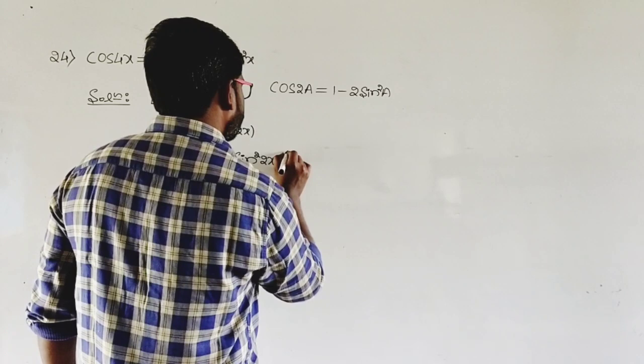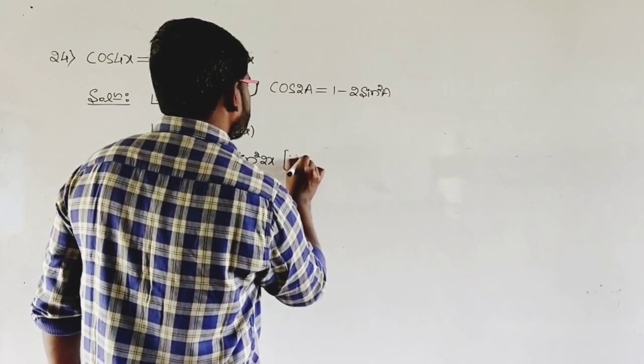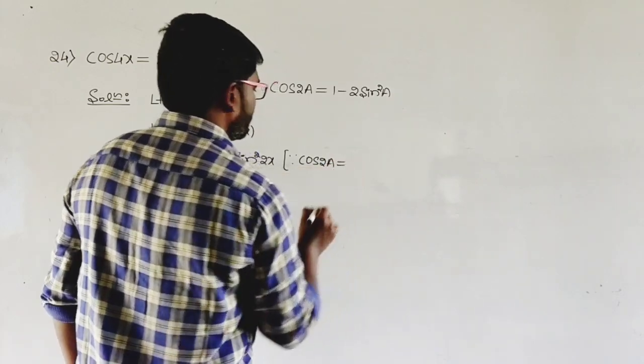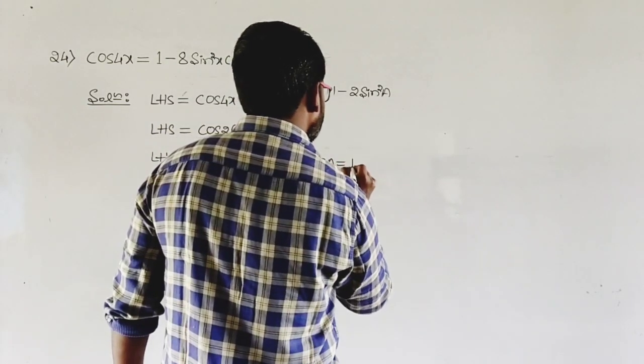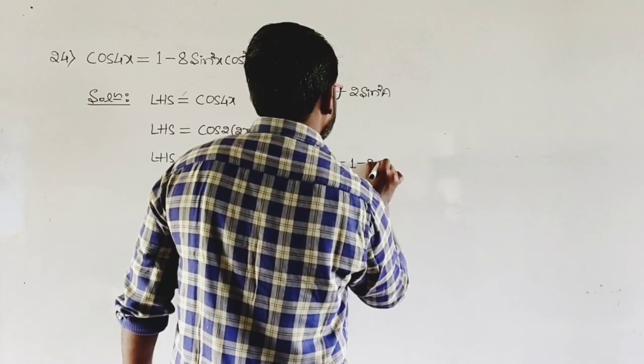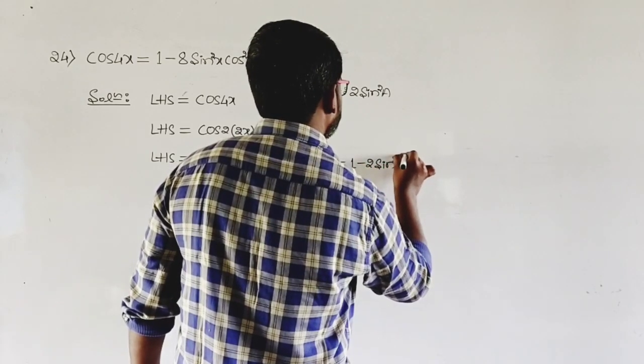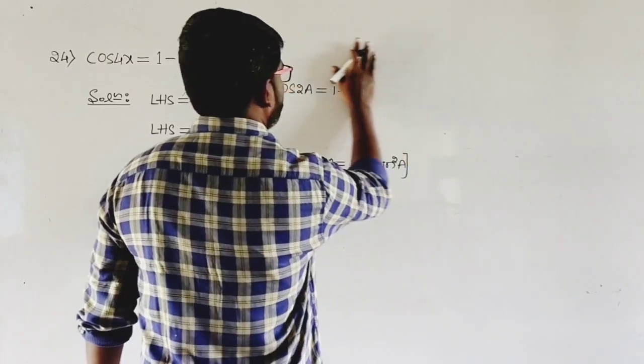Here we have to write, since cos 2a equals 1 minus 2 sin square a.